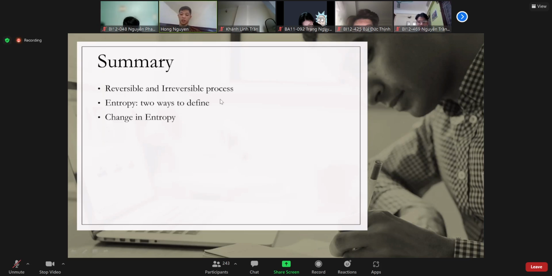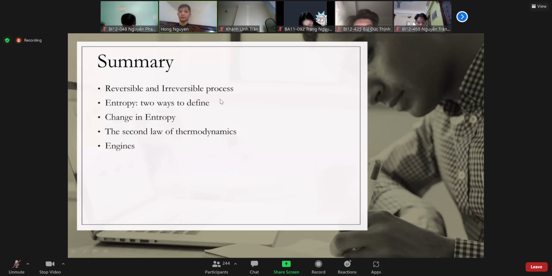And then we calculate the change in entropy for this reversible process. And this change in entropy will also equal the change in entropy for the irreversible process. Now, the second law of thermodynamics, and you also should remember that this holds only for a closed cycle. For a closed cycle, the entropy change equals 0 if the process is reversible and is always bigger than 0 if this is an irreversible process.